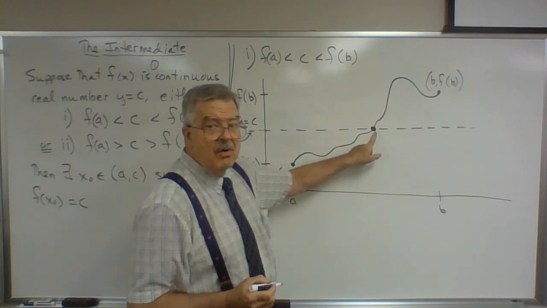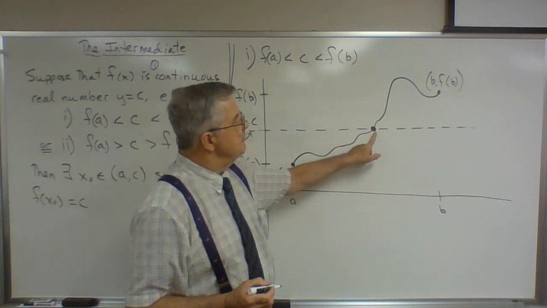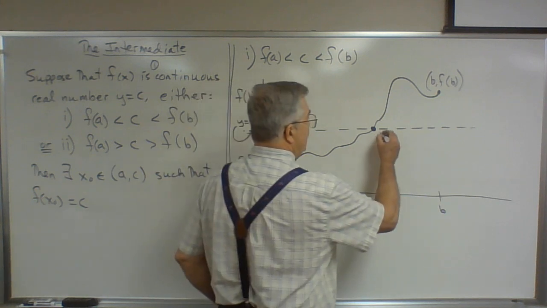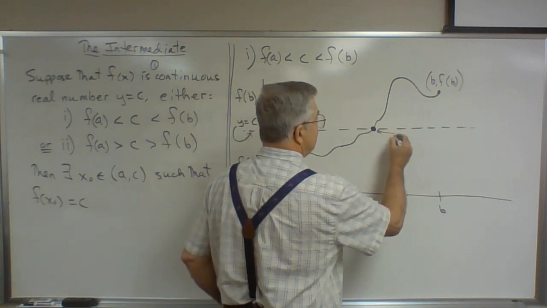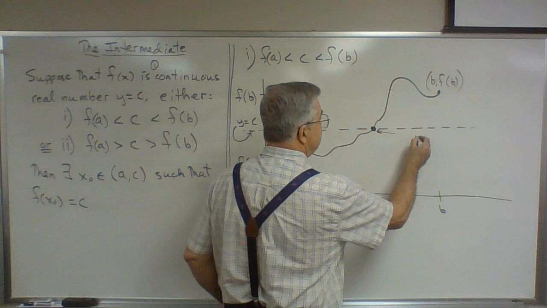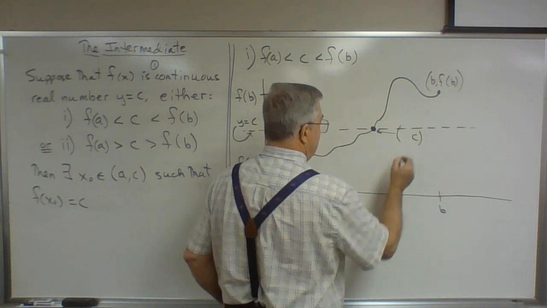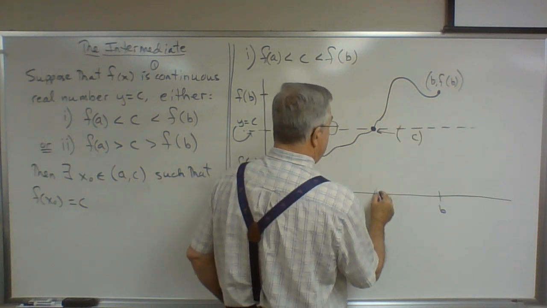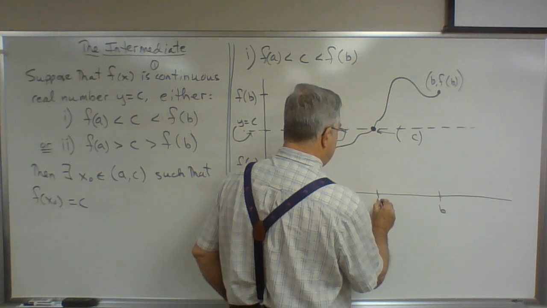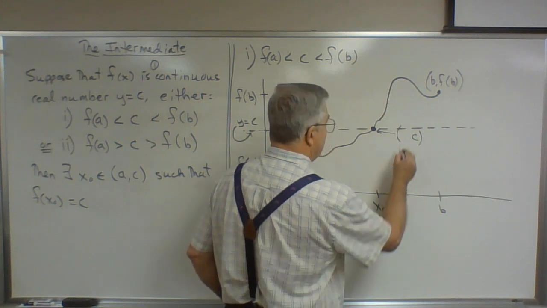So we know what the y coordinate of this point is. The y coordinate of this point is c. And what's the x value? We'll call it x naught.